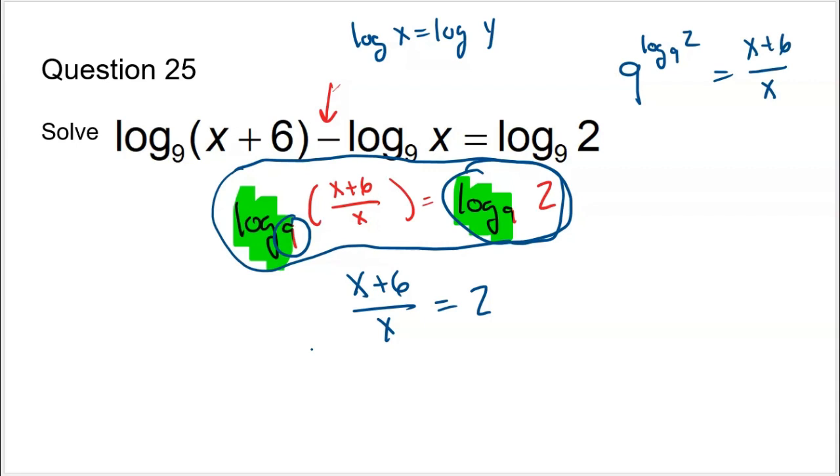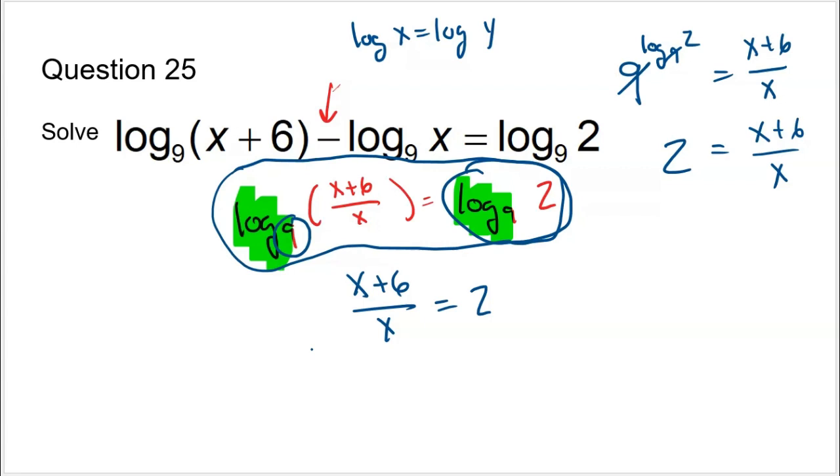Now, again, remember what I've told you: exponentials base 9 and logs base 9 are inverses. So essentially this exponential base 9 and this log base 9 undo each other, just like addition or subtraction, and I just get 2. So I get 2 equals x plus 6 over x. It's another way of thinking how to get to this point where I have x plus 6 divided by x equals 2. But most kids are going to go with that one-to-one property.